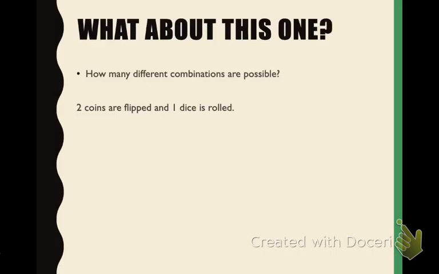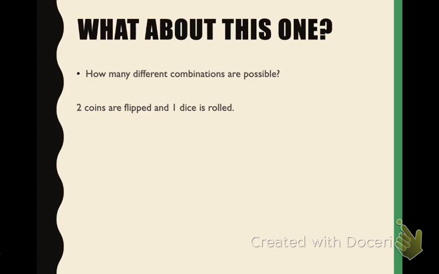Okay, so what about this? How many different combinations are possible if 2 coins are flipped and 1 dice is rolled? This is where it gets a little bit more tricky, I guess you could say.